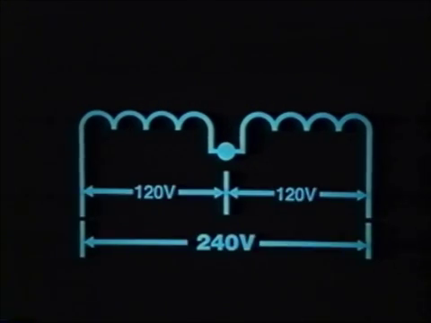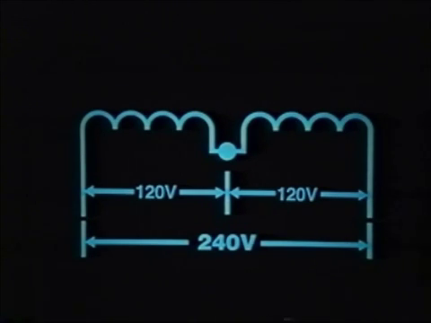In a series connection, voltage is figured from the start of the first to the finish of the last and equals the sum of the voltage of each coil. However, since the current must flow the length of all of the coils, the current capacity of a series of equal coils remains that of a single coil.